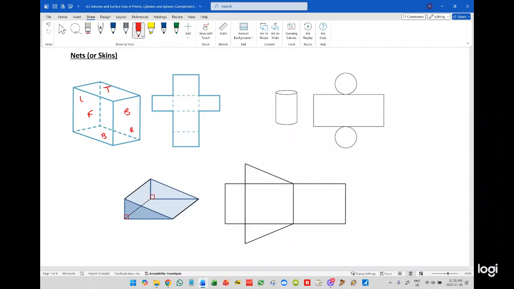And then over here, this might be the top. This is the left, the right, the front, the back, and the bottom. I also just remembered that I did back and bottom both with B's. Anyway, you get the idea. Likewise with a cylinder, you've got the ends here. So you've got basically circle A and circle B.